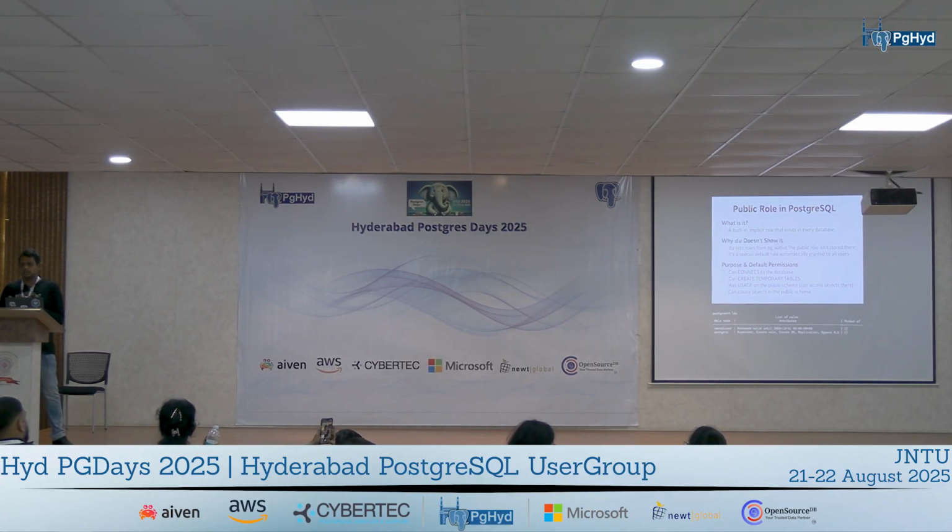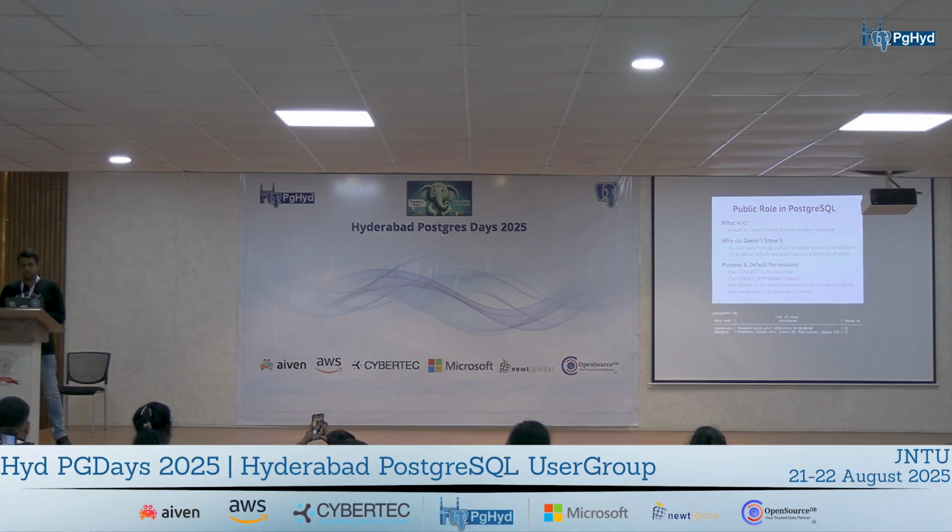Once you do the initial compilation, you need to initialize the database, right? Whenever you initialize the database, three databases get created by default: template0, template1, and postgres. So the public role and the public schema are automatically part of this initdb process.